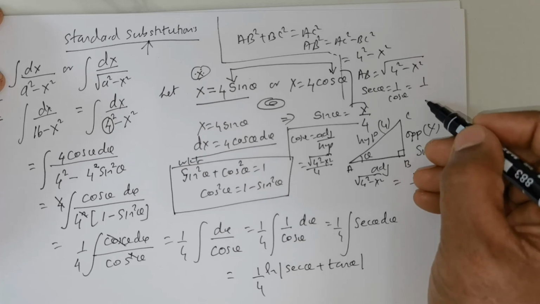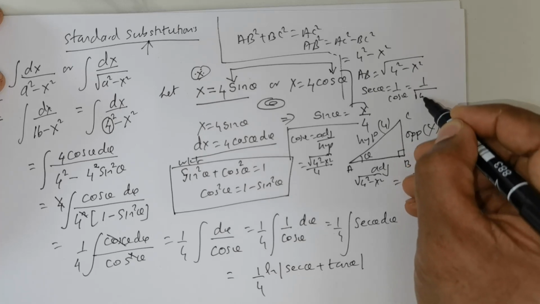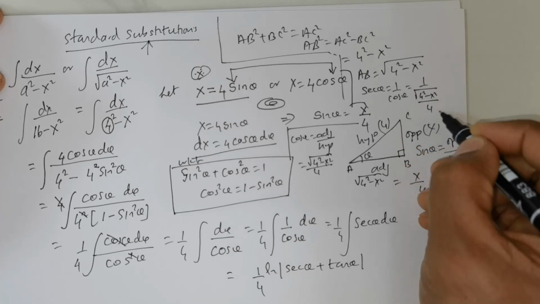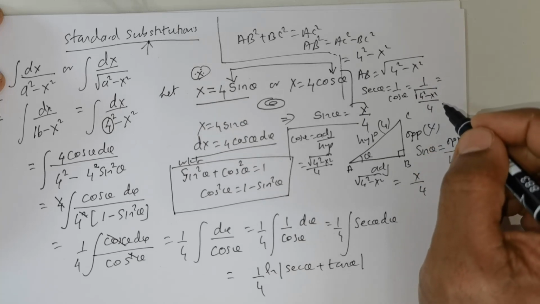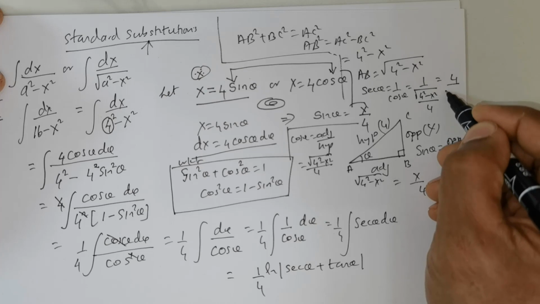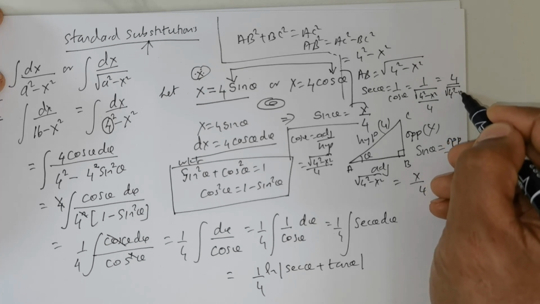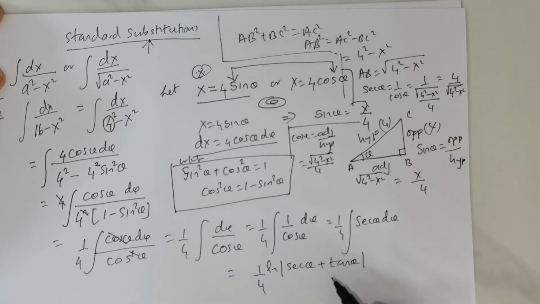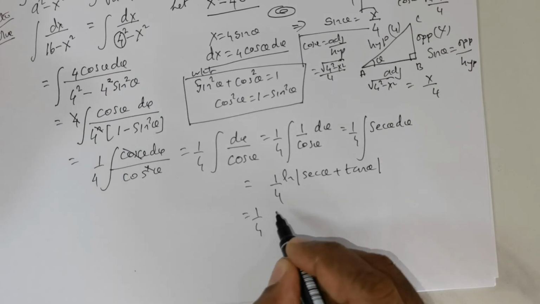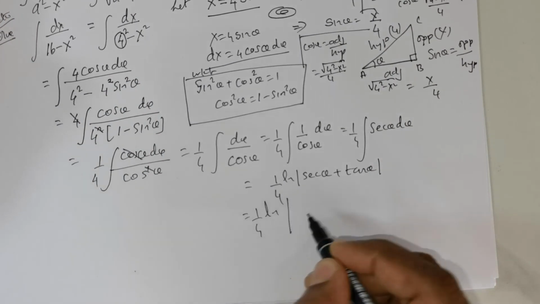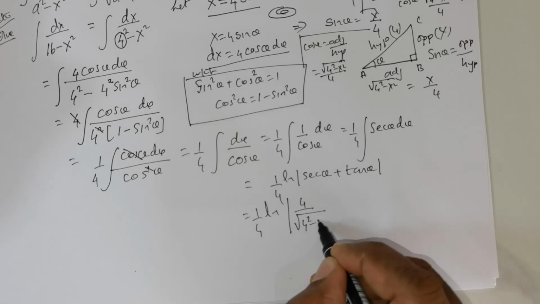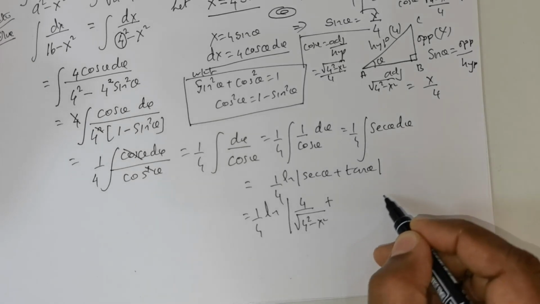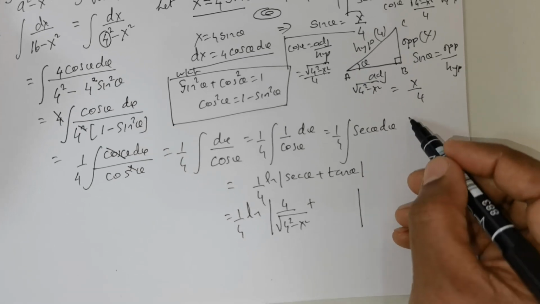Now we place the value here, square root of 4 squared negative x squared divided by 4. You flip this, what do you get? You get 4 over square root of 4 squared negative x squared. So this is for secant theta. So go over here, place that value, 1 over 4 times ln of secant theta is 4 over square root of 4 squared negative x squared positive. I need to get tan theta. Now what is tan theta?